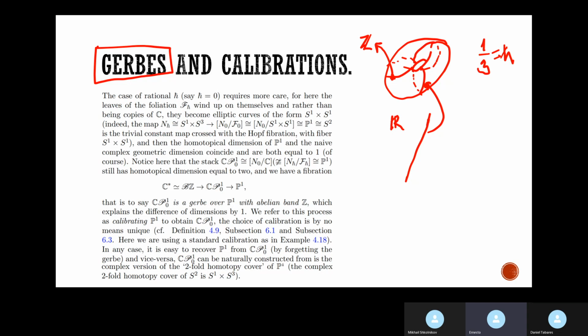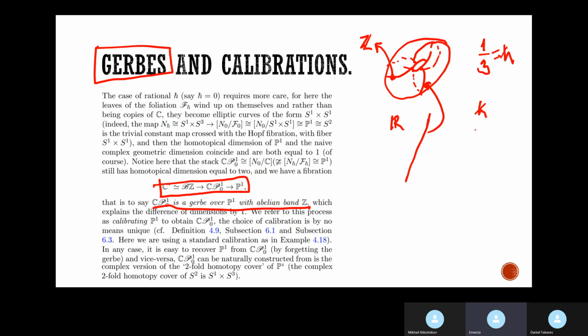Topologists classify these kinds of structures. We have this kind of stabilizer all over the place. We say that this is a gerbe with abelian band Z. So if I was compactifying this to make quantum P1, if it is irrational h bar, well, no gerbe.